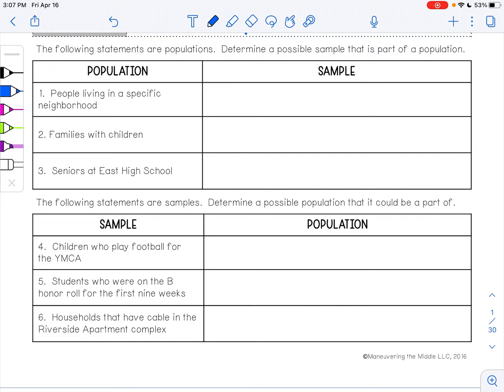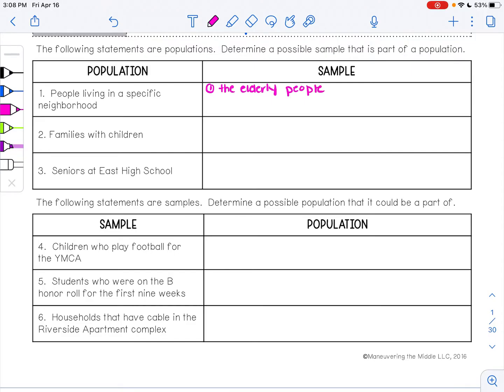So if our population is people living in a specific neighborhood, a sample, and I'm going to write a couple, one sample could be the elderly people.